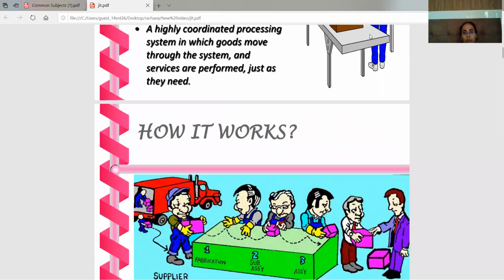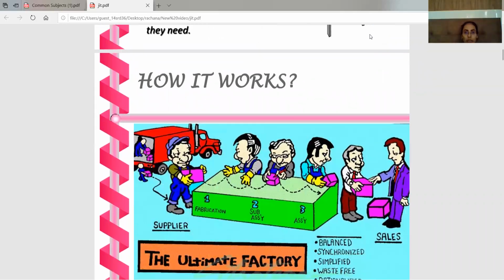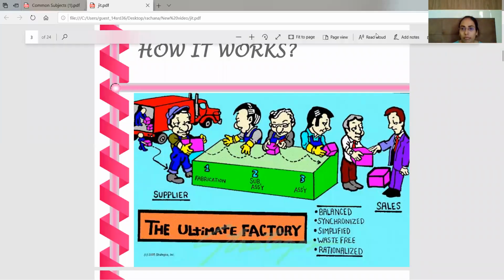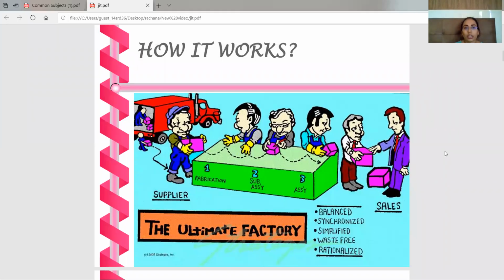So how does just-in-time inventory work? As you see in the picture, whenever the requirement is generated, the supplier supplies the raw material. As you see in the diagram, this is how JIT works.